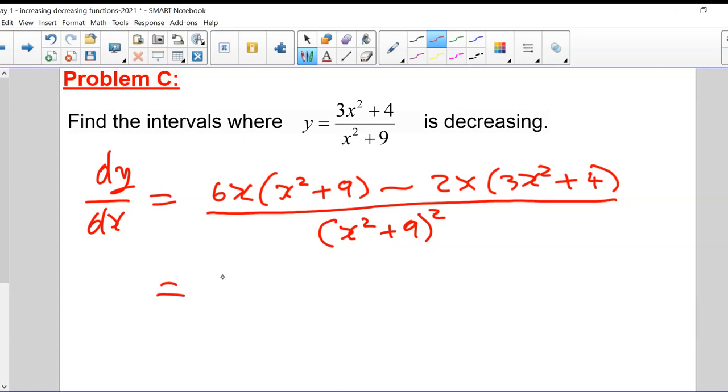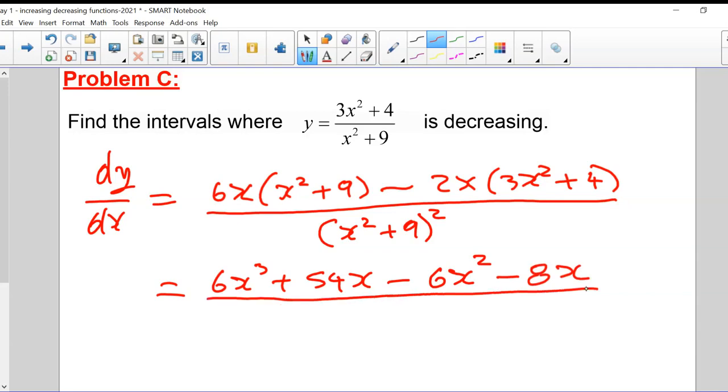So let's do that. I'm getting 6x cubed plus, what is that, 9 times 6 is 54x, minus 6x cubed, minus 8x, all over x squared plus 9, squared.